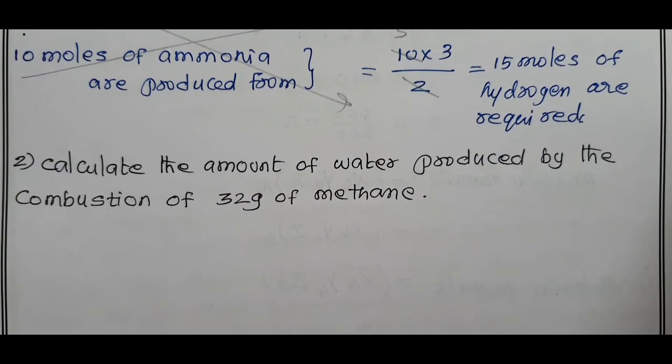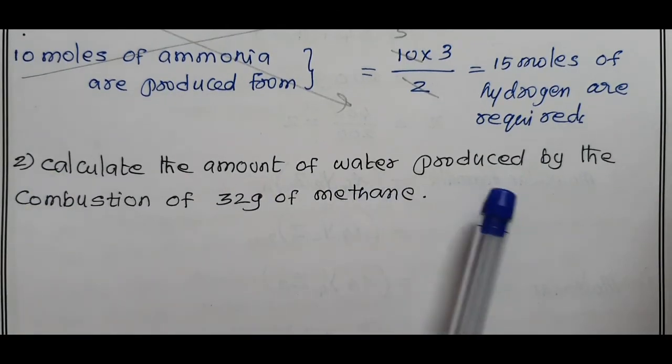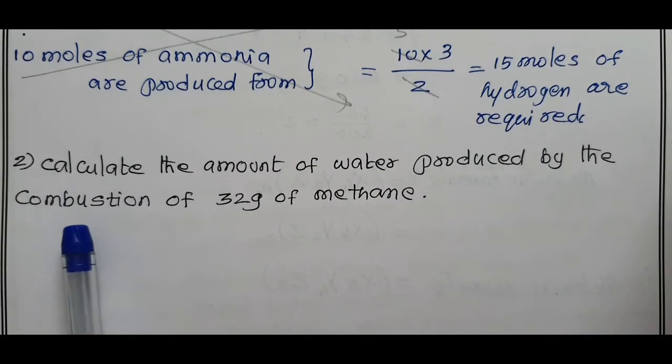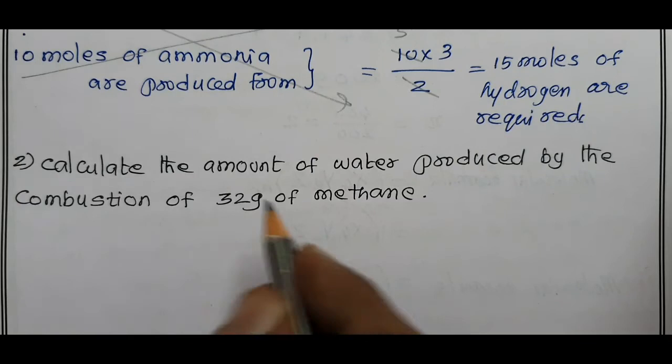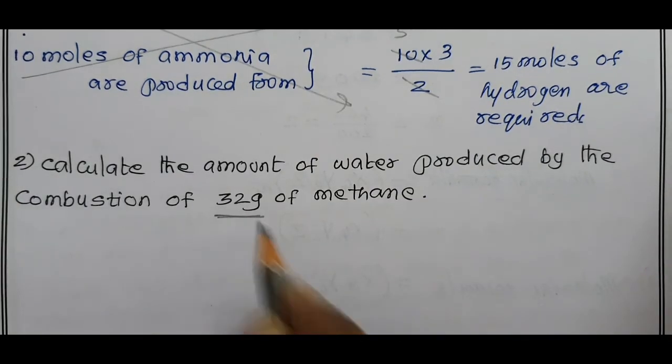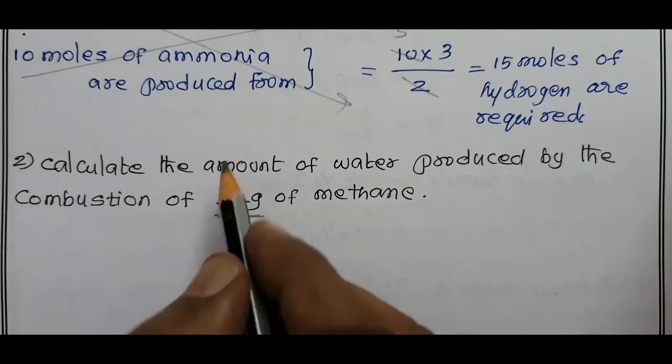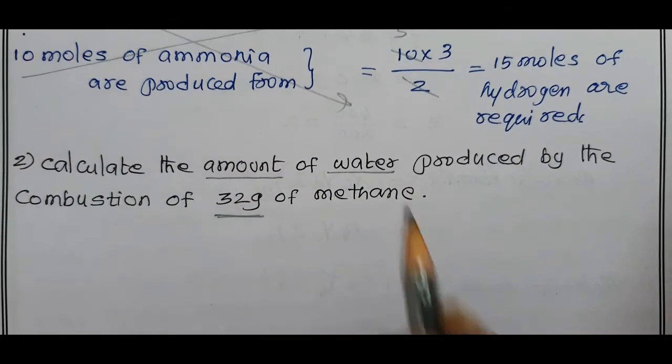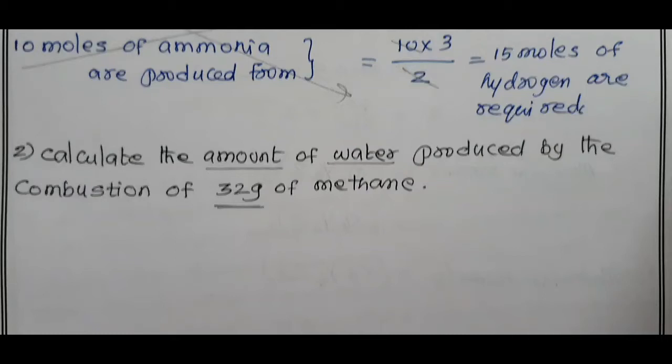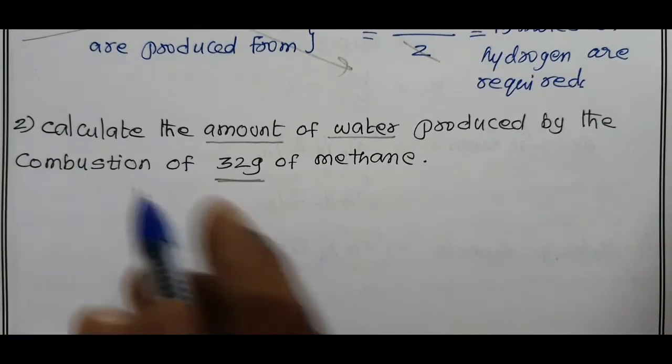Now, second problem is, calculate the amount of water produced by the combustion of 32 gram of methane. Given value methane, it is given in 32 gram. Amount is given, amount is asked. Now, I write the equation first, balanced equation. Combustion means burning reaction.